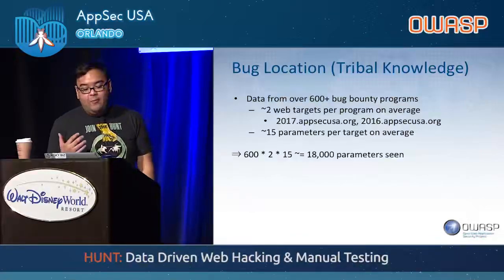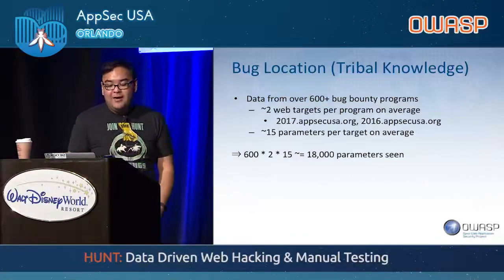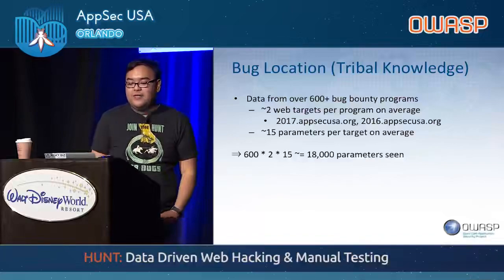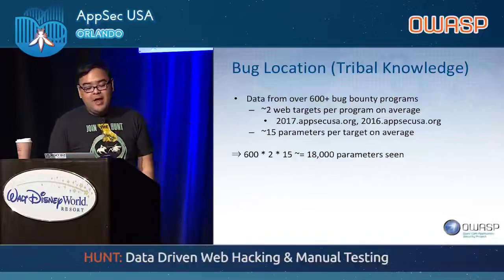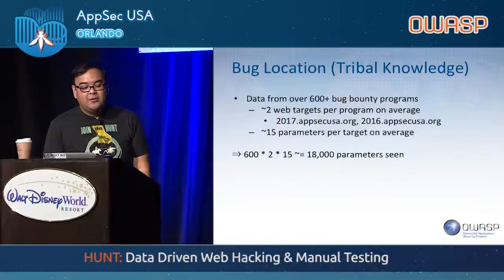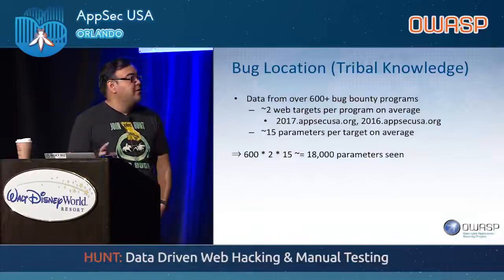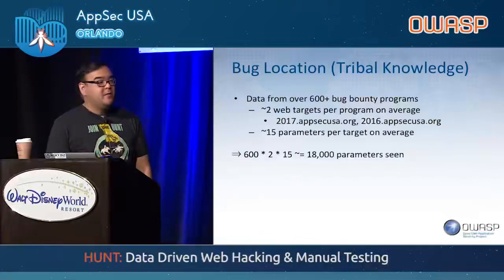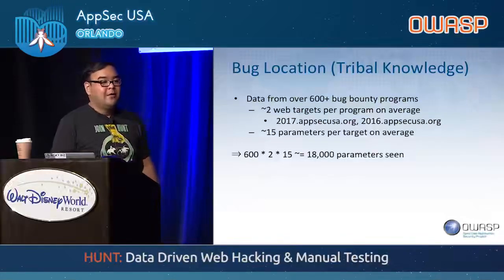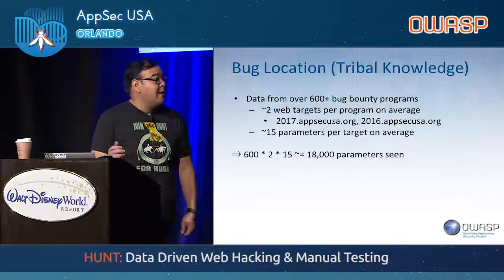So we actually took data from Bugcrowd from over 600 bug bounty programs, and that equates to about 2 web targets per program on average. So a target would be the different subdomains within the domain, or different domains that are in scope for that particular program or company, right?